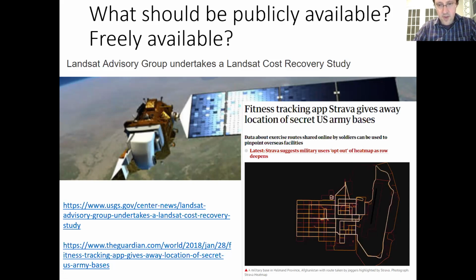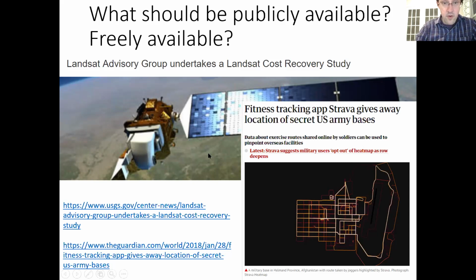In so doing, they didn't recognize that many of their users were soldiers stationed in Afghanistan and elsewhere in the world, inadvertently revealing the layouts of military bases, or even the existence of military bases that had not been acknowledged throughout parts of Afghanistan, potentially Iraq, and elsewhere. So that's definitely an unfortunate release of data.